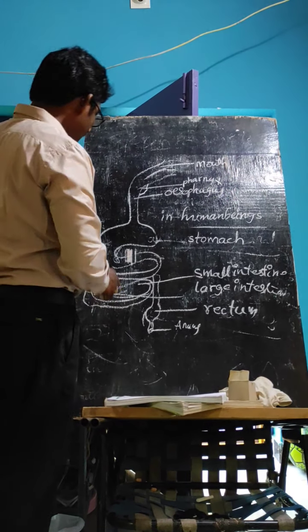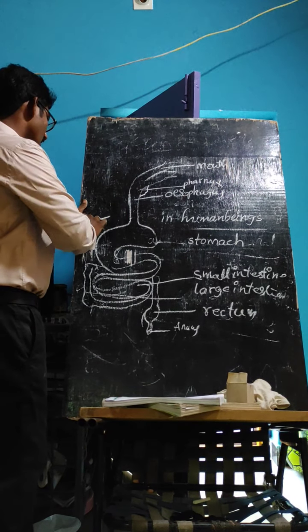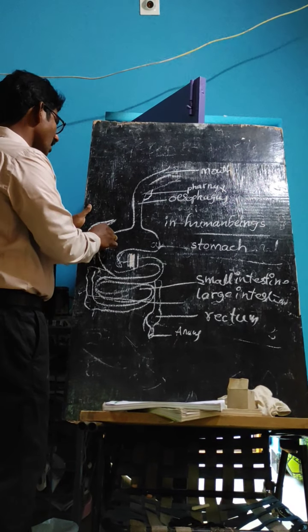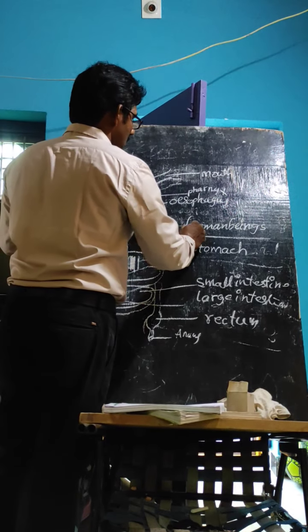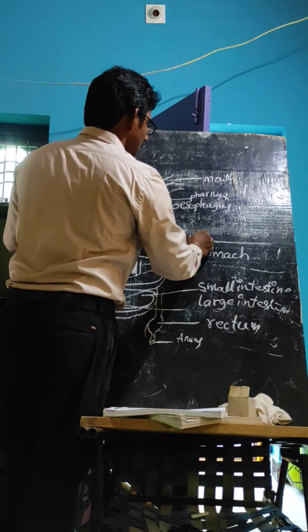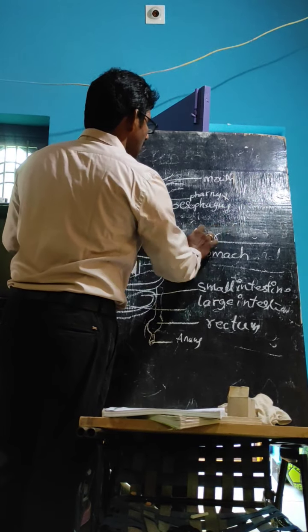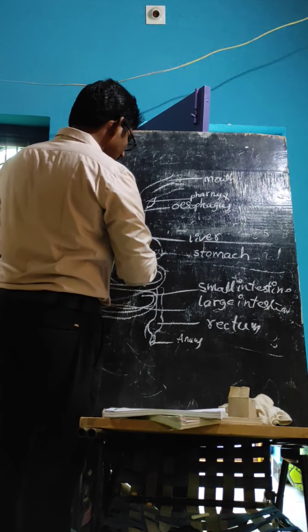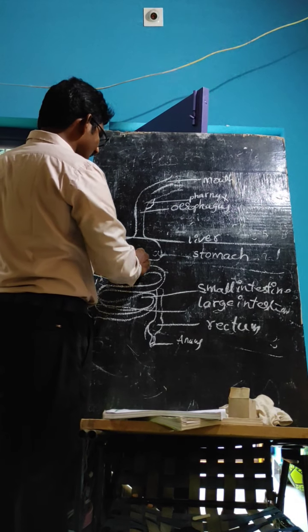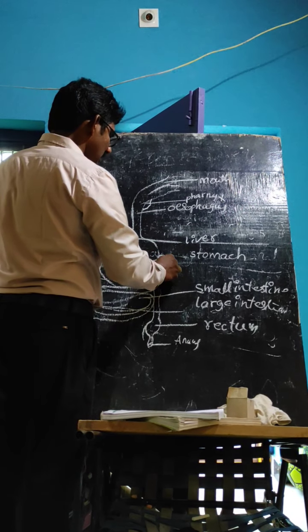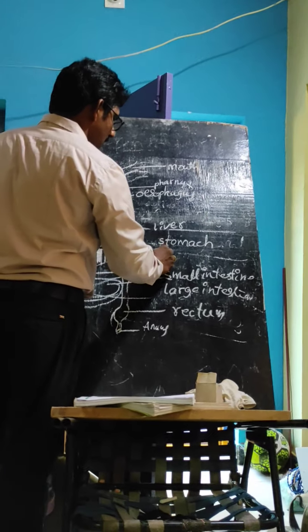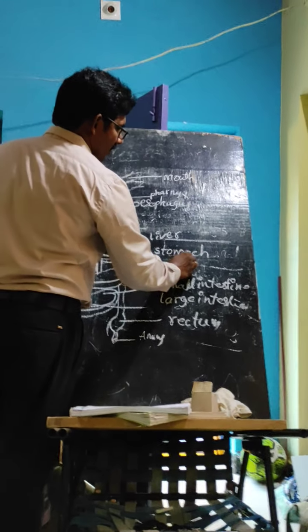And moreover, here an umbrella-shaped structure is there, and this is called the liver, L-I-V-E-R. And down here there is a leaf-like structure, and this is called the pancreas.